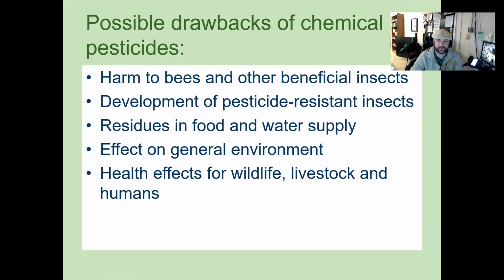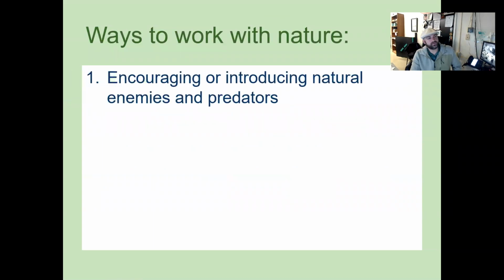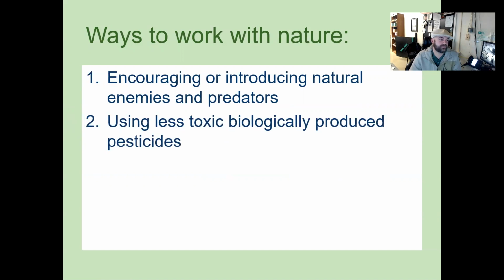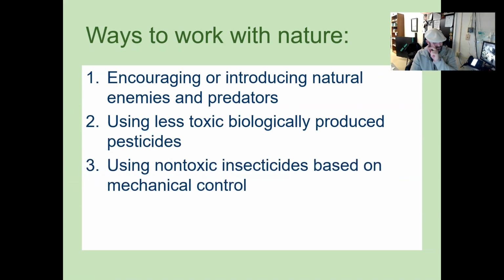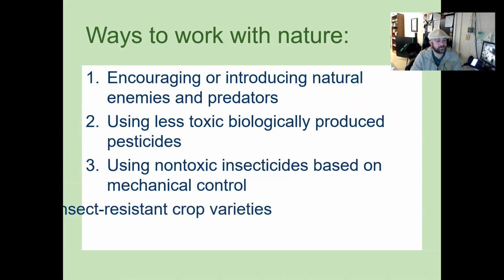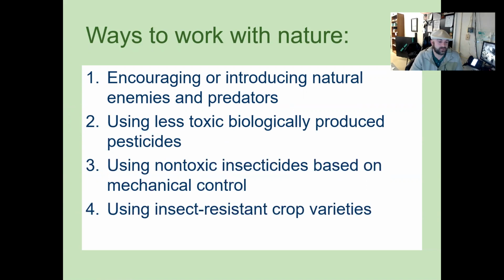So there's a lot of stuff here that can definitely affect a lot of what goes on in our environment and the animals and individuals and insects that live here as well. So ways to work with nature: encouraging or introducing natural enemies and predators, using less toxic biologically produced pesticides, using non-toxic insecticides based on mechanical control, using insect-resistant crop varieties.